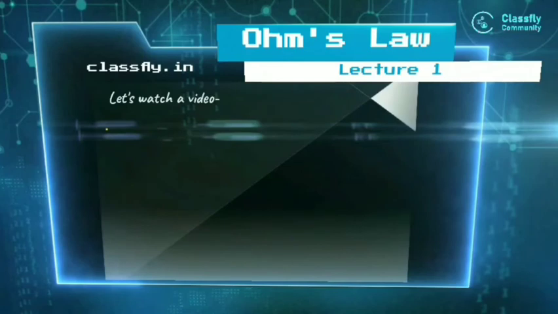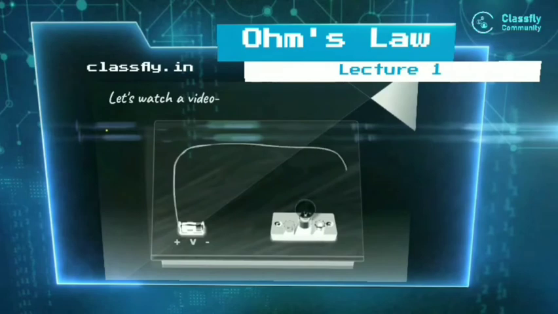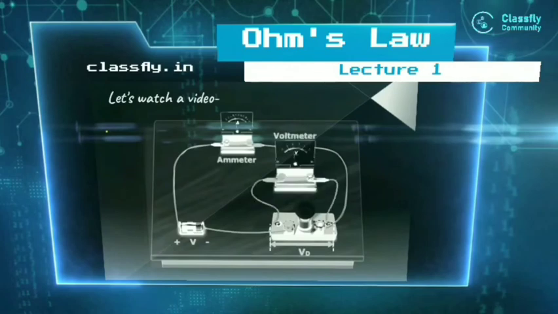Now let's watch a video which will clear all your doubts about Ohm's law. Now we can see a bulb and a battery for the flow of the current. We will use an ammeter to check the current flow, and for the potential difference, that is the voltage, we will use a voltmeter and put it across the 2 terminals of the bulb at a constant temperature.